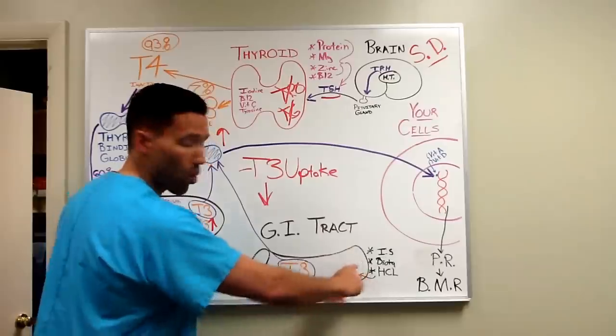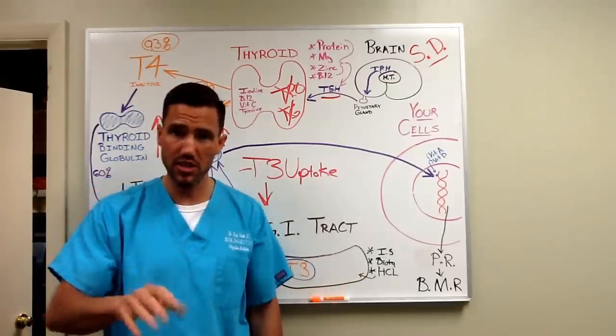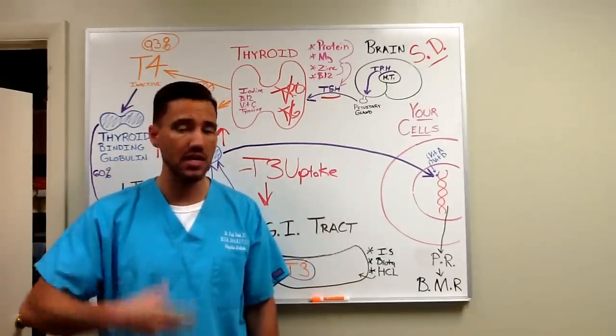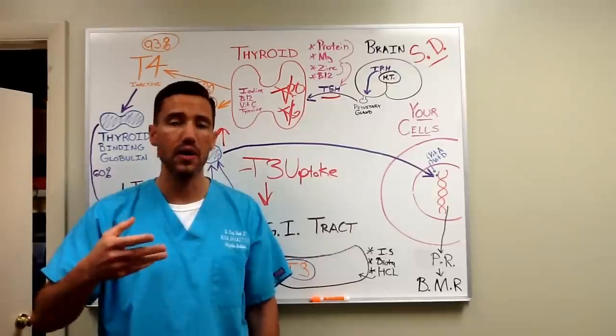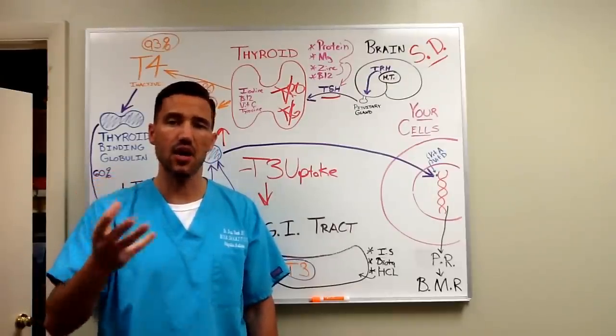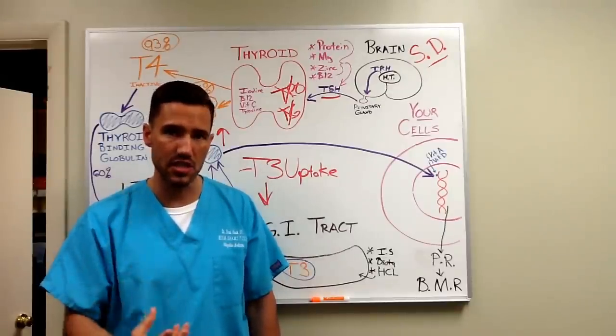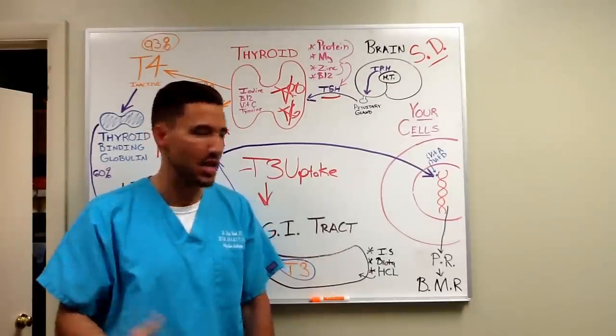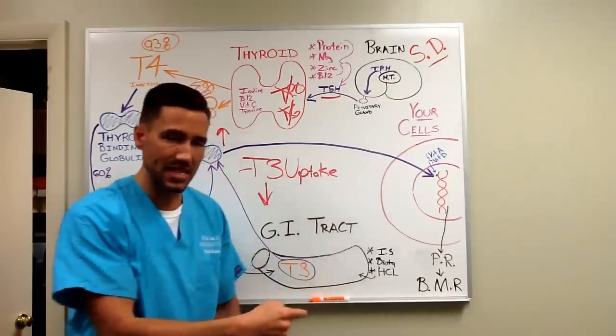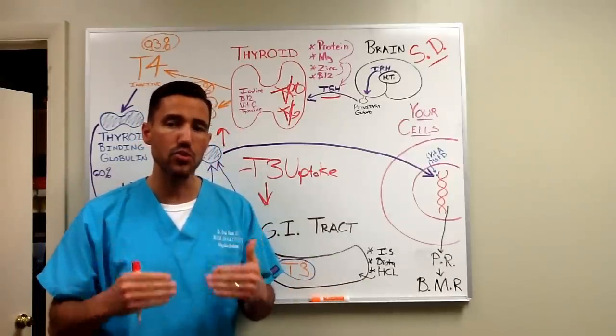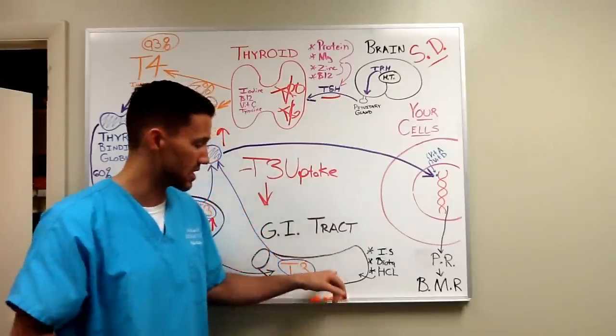Now, if you have poor digestive function, a bad digestive tract, irritable bowel, inflammatory bowel, celiac disease, other types of digestive issues, if you have enzyme deficiency, your gallbladder enzymes, your pancreatic enzymes, if you have low stomach acidity, these are all things that can contribute to malabsorption or poor absorption in the GI tract.